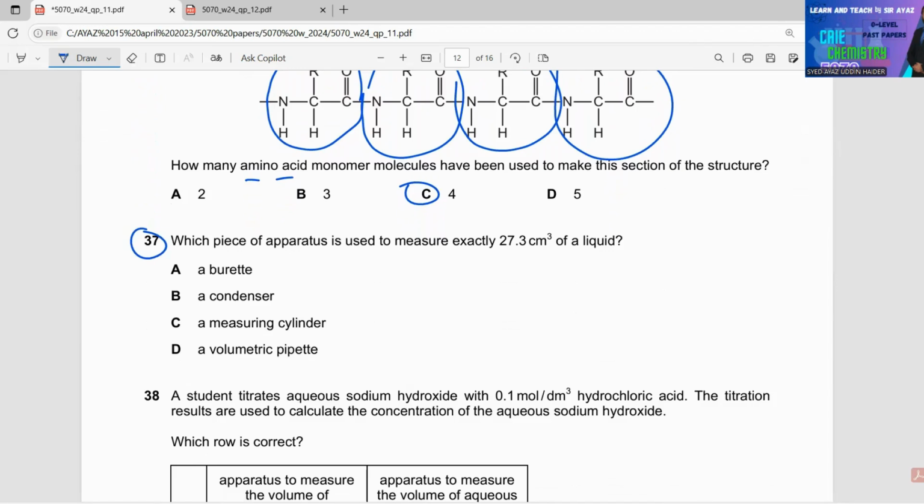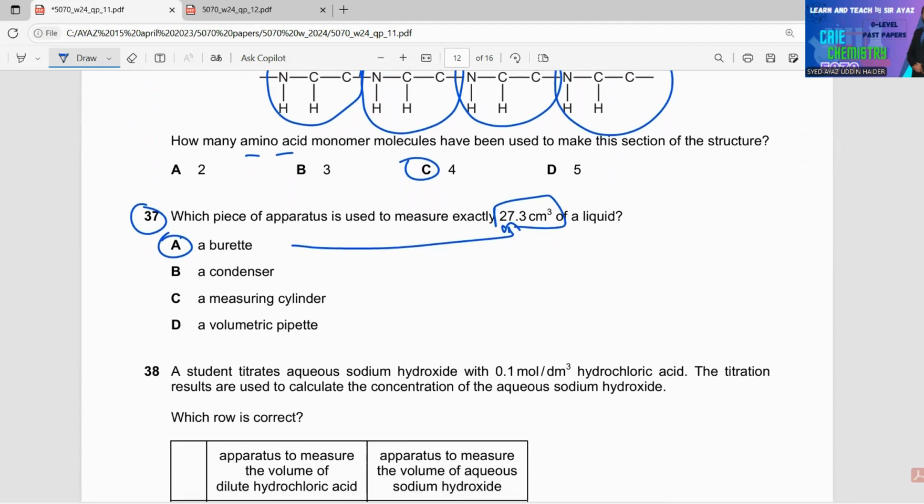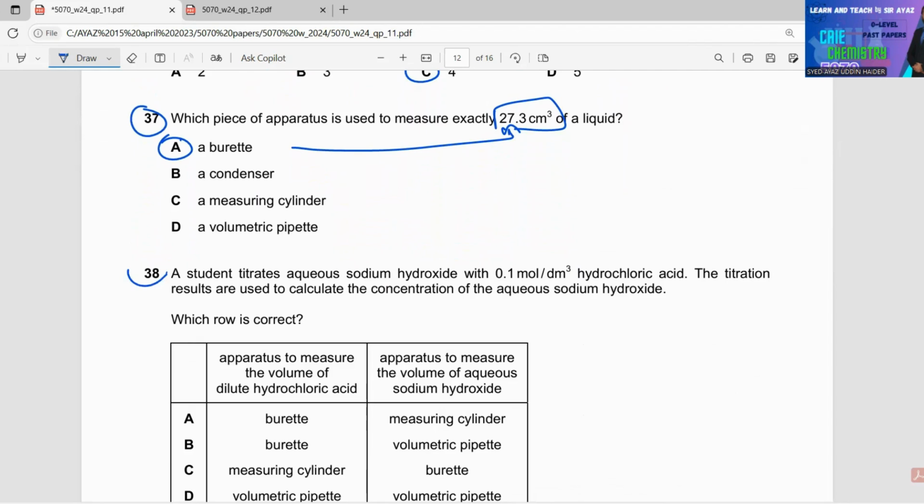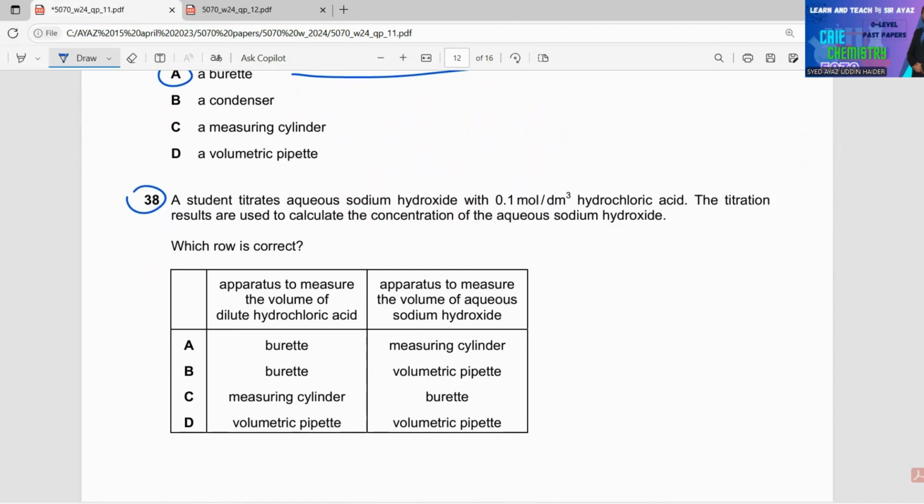37. Which piece of apparatus is used to measure exactly 27.3 cm3 of a liquid? Only one choice is correct, the burette, because the burette has higher accuracy. So you can measure this amount of liquid. 38. A student titrates aqueous sodium hydroxide with 0.1 mol per dm3 hydrochloric acid. The titration results are used to calculate the concentration of the aqueous sodium hydroxide. Which row is correct?